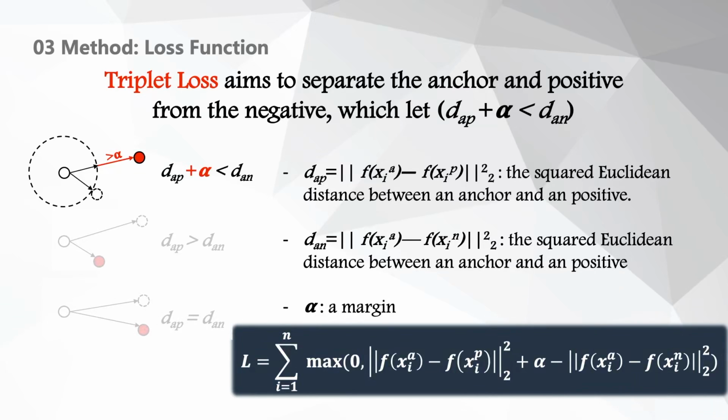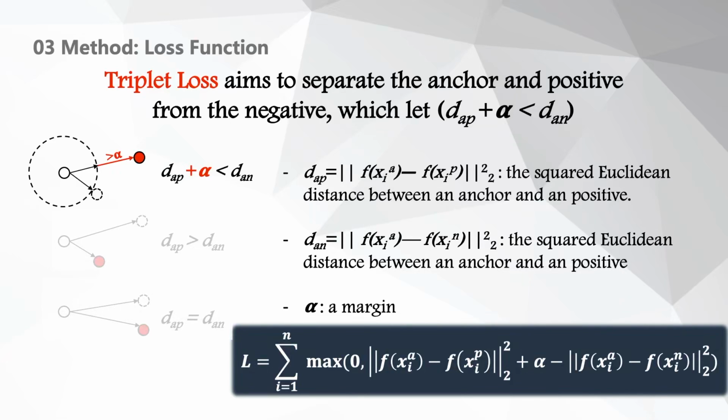The triplet loss function, which is defined as L, is simply measuring how much further negative is than positive, taking margin into account. You see here it is dp plus margin minus dn. When the loss is positive, that means that the difference is not enough.